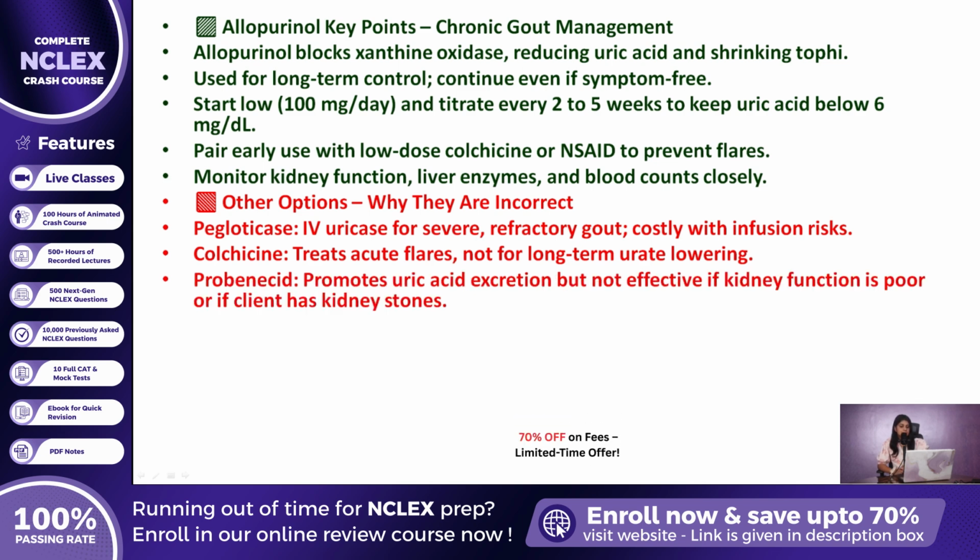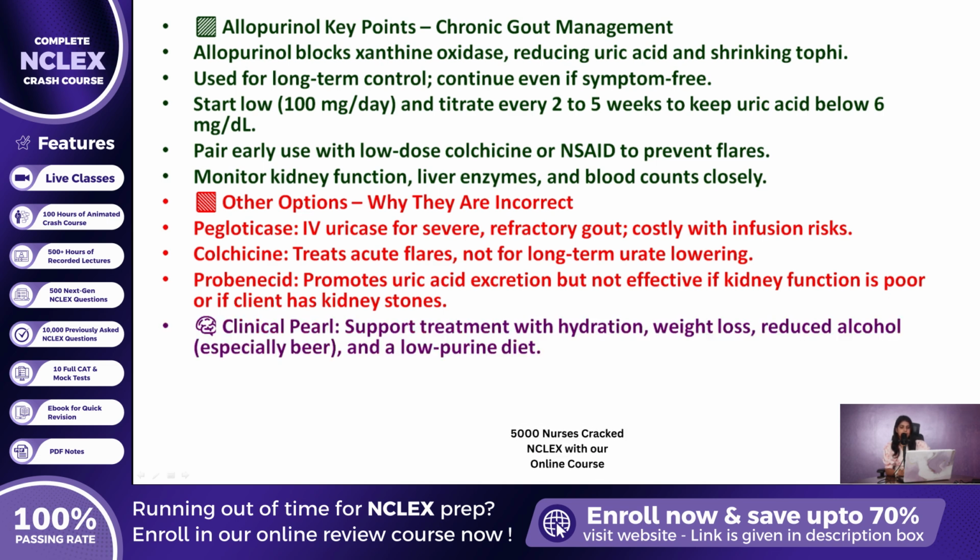Option C, probenecid, boosts renal excretion of uric acid by blocking tubular reabsorption, yet it loses power when the estimated glomerular filtration rate dips below 30 milliliters per minute and is contraindicated in kidney stone disease, making xanthine oxidase inhibition the safer, more reliable path.